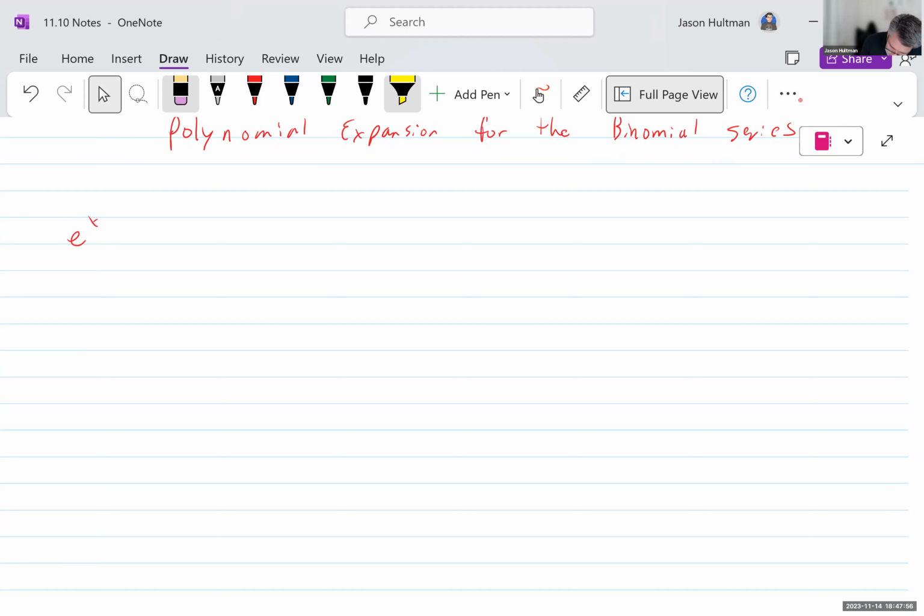Okay, e to the x was what? E to the x looked like this. It looked like 1 plus x plus x squared over 2 factorial plus x cubed over 3 factorial plus x to the 4th over 4 factorial plus, this goes on forever, right? This is x to the 5th. These are the Maclaurin series that I'm talking about.